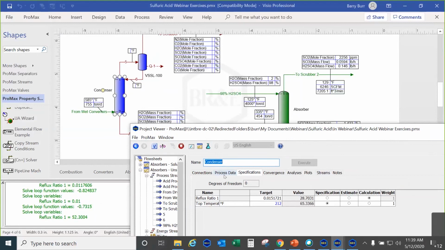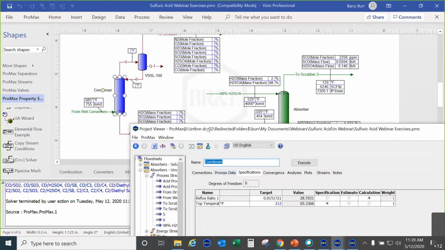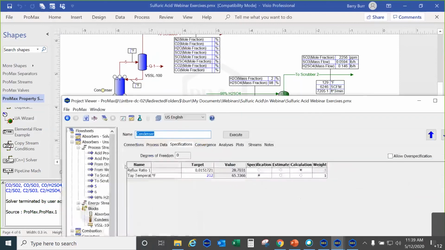It solved a lot easier yesterday. Let's see, did I put the specification on this stage 1 total phase temperature? Maybe the specification is on the wrong stage.